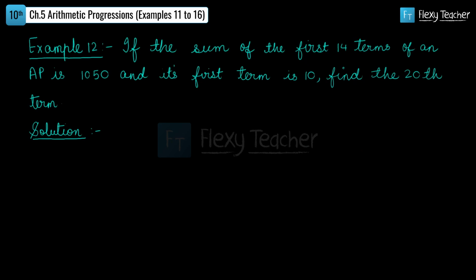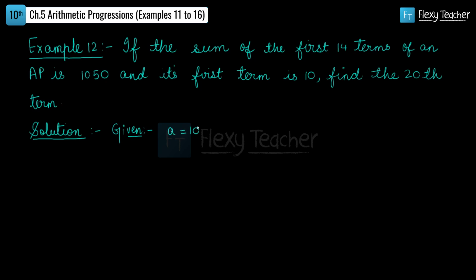Example number 12. If the sum of the first 14 terms of an AP is 1050 and its first term is 10, find the 20th term. Okay, so let us start by writing whatever is given to us. Given is A is equal to 10.